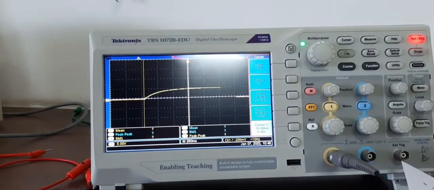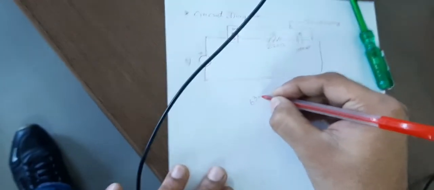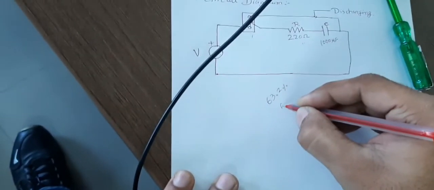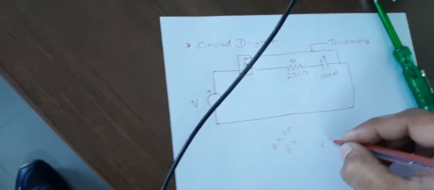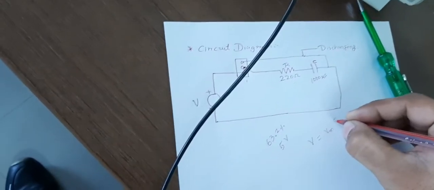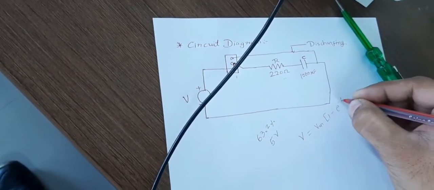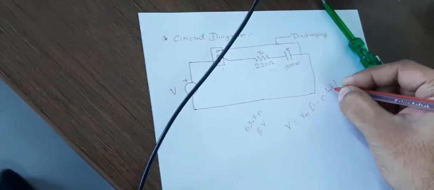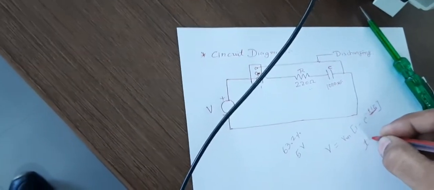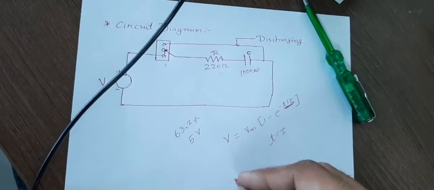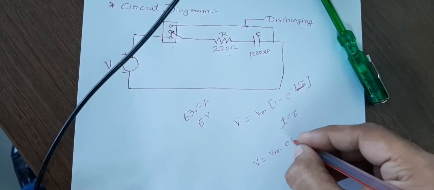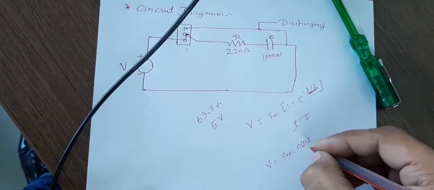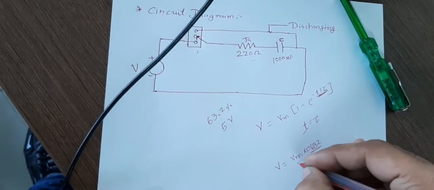As per the equation, we need to find out 63.2% of the 5 volts, because we have the equation V equals Vm into 1 minus e raised to minus t by tau. If we put t equals tau in this equation, then we'll have V equals Vm times 0.632. That means 63.2% of the maximum voltage.